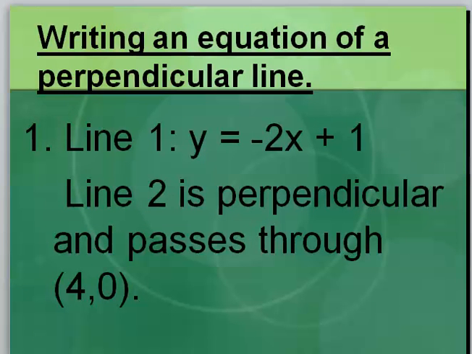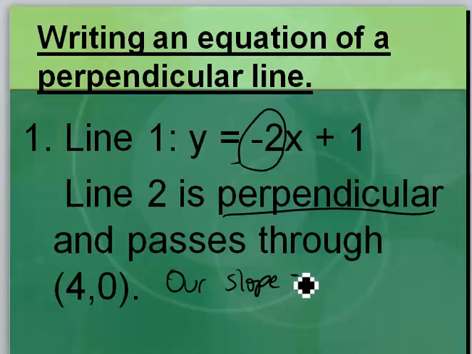We'll also be writing equations of perpendicular lines. We'll be given two lines, so we're told that line 1 is y equals -2x plus 1. Line 2 should be perpendicular to this and pass through the point 4, 0. First thing we're going to look at is their slope. Their slope is -2, but we want to be perpendicular to that. So our slope is the opposite reciprocal of theirs.